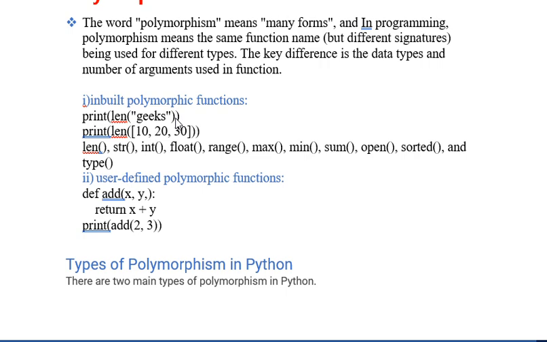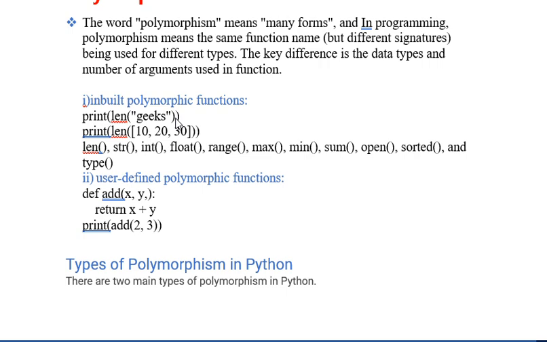So this is the main scenario. What is the main logic in polymorphism? It will have the same function name. The function name will be the same, just as the single woman can act in many forms. Only one woman, the same woman. Yes or no? So same function name, but the arguments can be different.